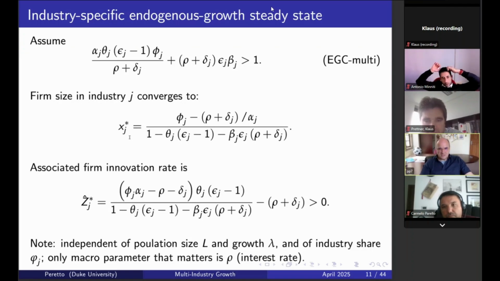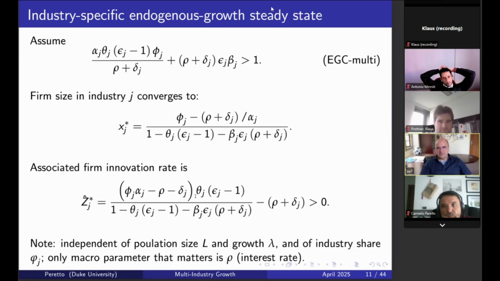And this steady-state value of firm size gives me the industry-specific firm growth rate. This is the average growth rate of the firms in this industry, and it changes across industries. That's the heterogeneity that we have here.